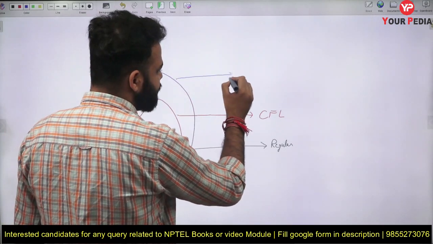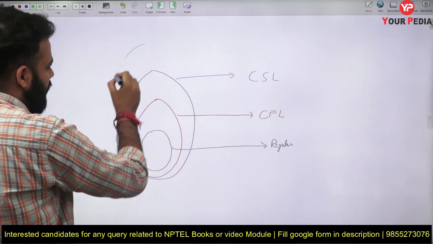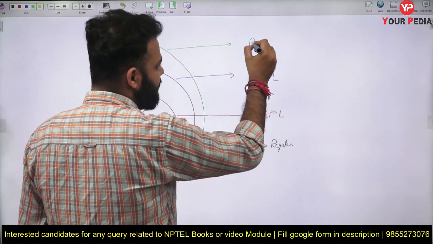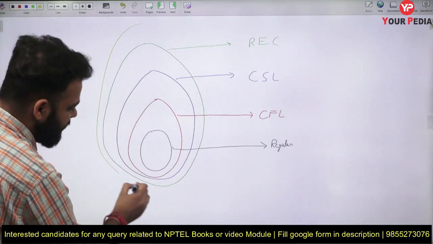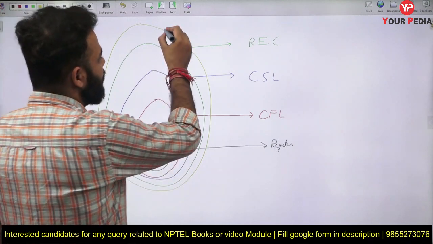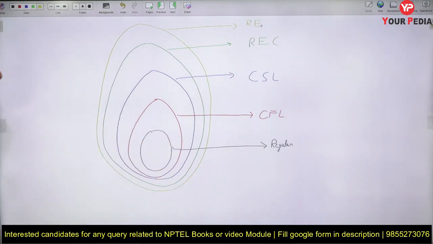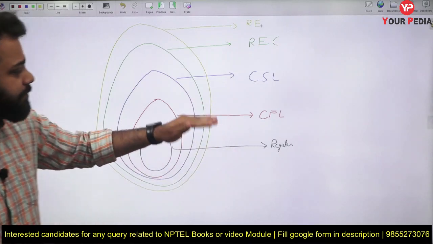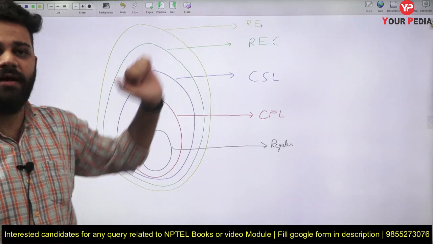After that, we have context-sensitive languages, or CSL. Then we have REC, recursive languages, and the biggest set of these, which is also called unrestricted grammar, is recursively enumerable languages. So these are the sets. Regular languages are the smallest set of all these, and if we go in order, regular, then CFL, then CSL, then REC, and then RE.